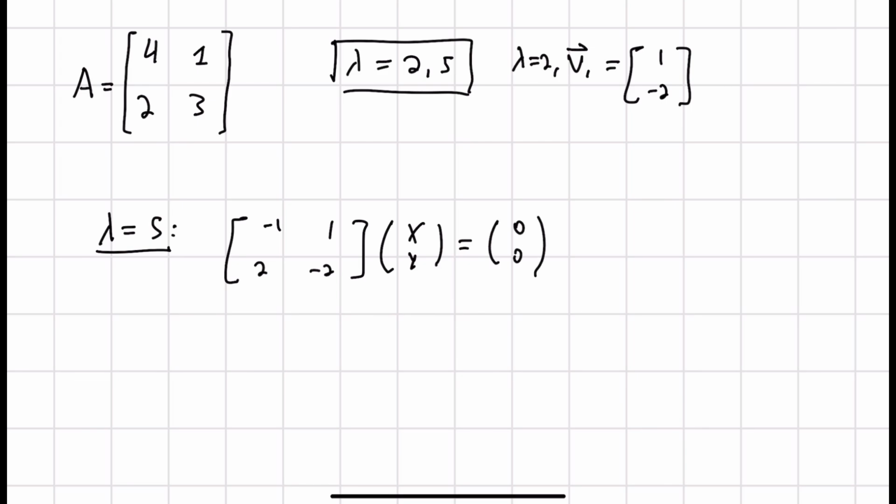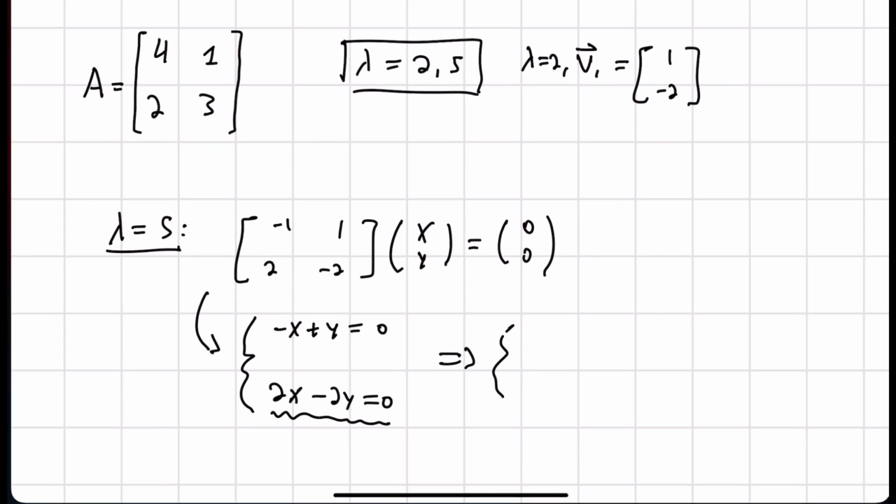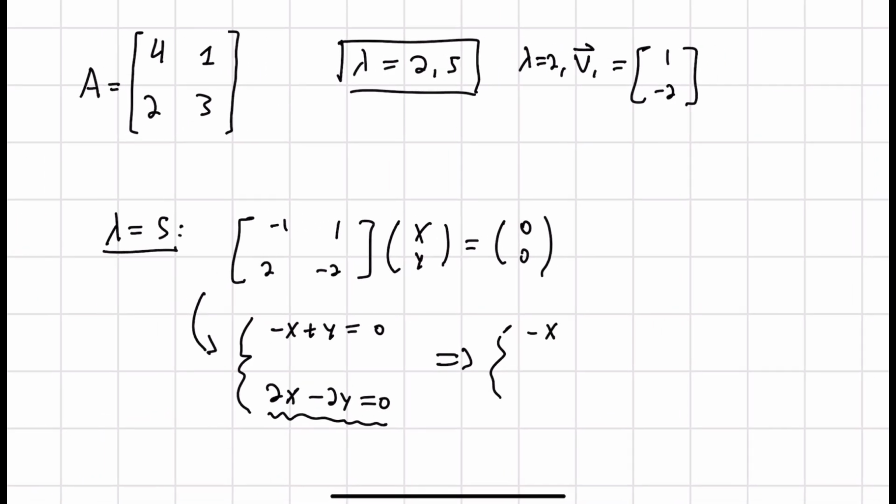And this gives a system where our first equation is negative x plus y equal to 0, and our second equation is 2x minus 2y equals 0. And if we divide the second equation by negative 2, for our first equation, it will be negative x plus y equals 0, and our second equation will also be negative x plus y equal 0.